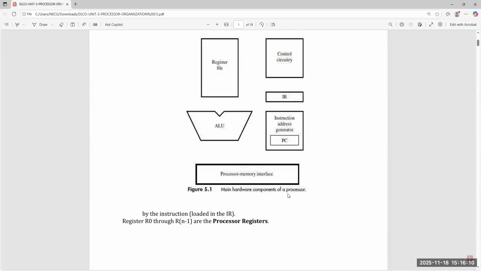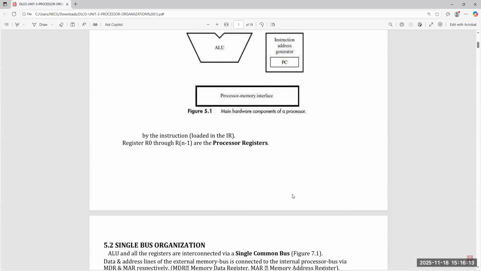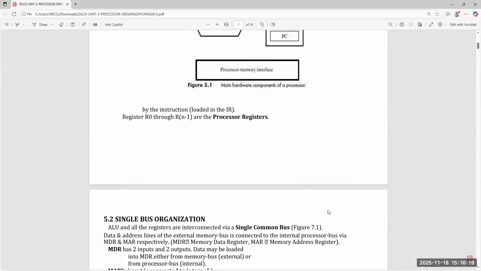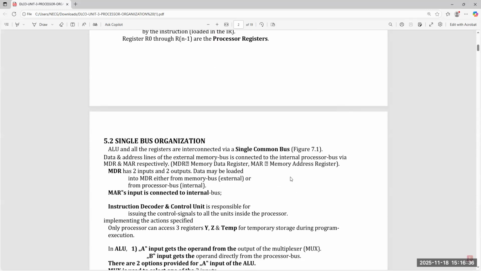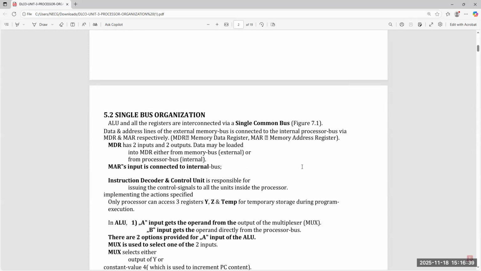All these components are interconnected by using wires, by using channels. Then it forms a path. That is, all components of the CPU are interconnected via a single common bus.